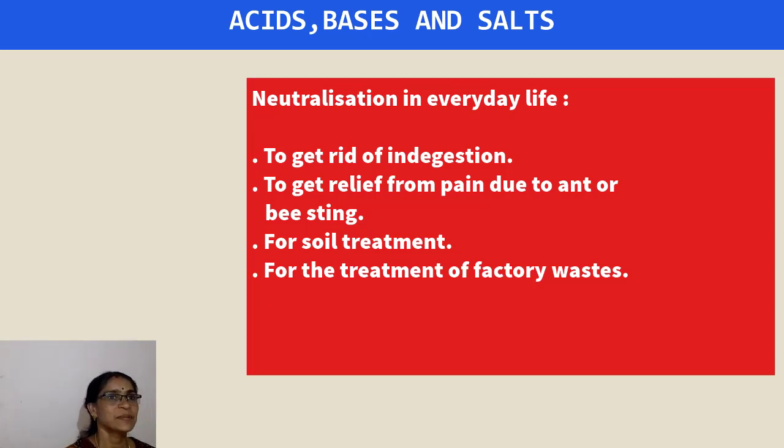The reaction between an acid and a base forming salt and water with the evolution of heat. And there are 4 uses we discussed today. One is for indigestion, for ant bites, for soil treatment, and for the treatment of factory waste.